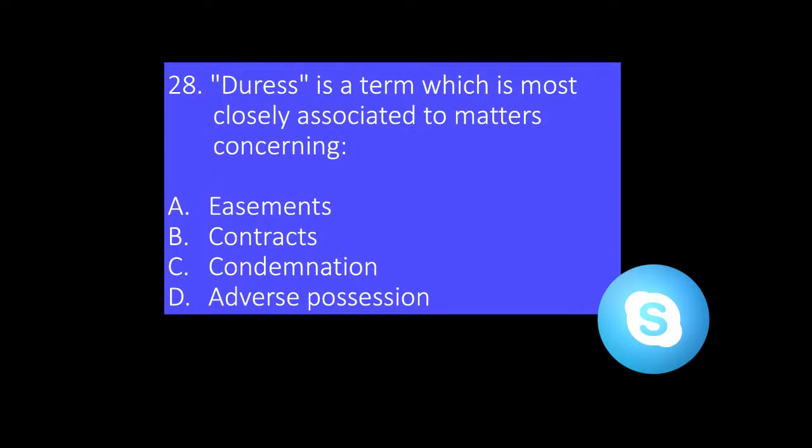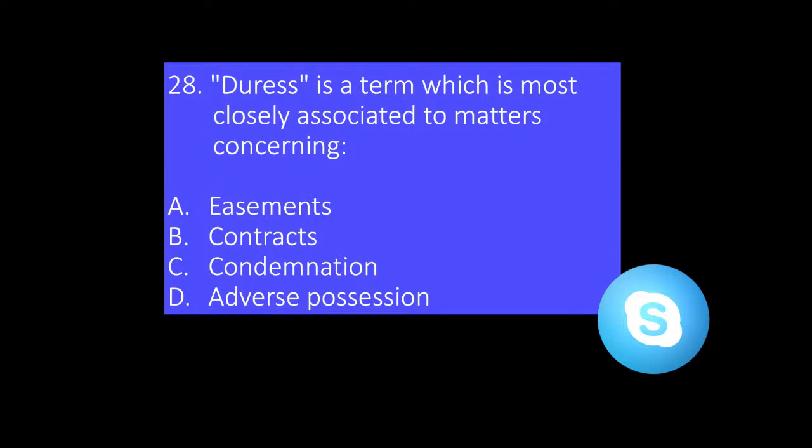Duress is a term which is most closely associated to matters concerning. Apply your rule. Remember to apply your rule first. Duress is a term which is most closely associated to matters concerning. Easement is a stretch of land so they can go through a property.